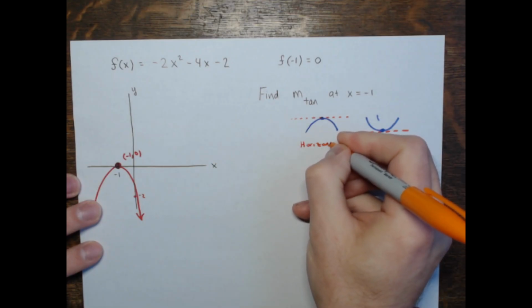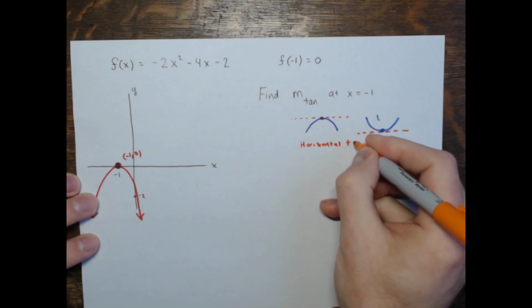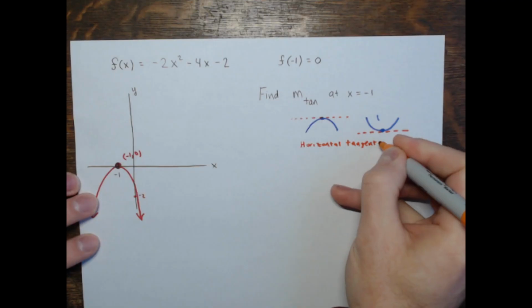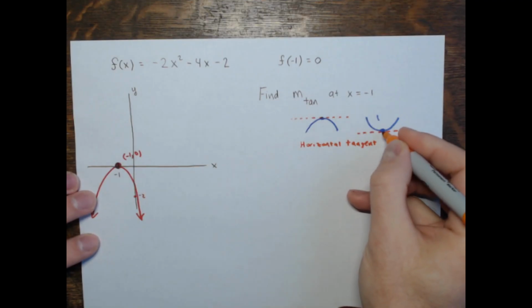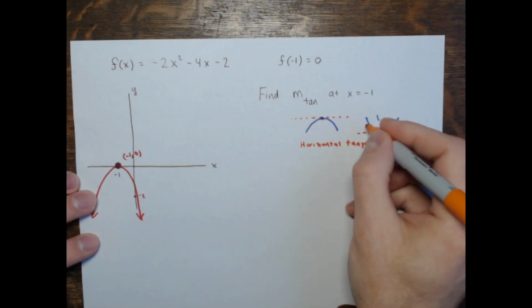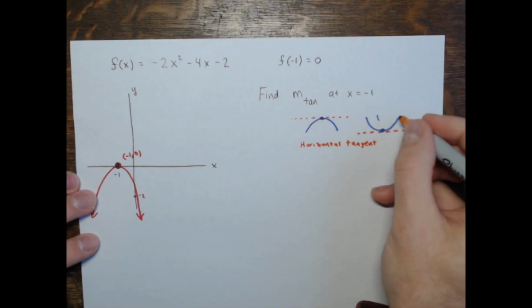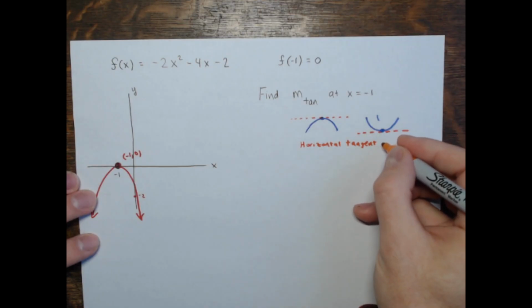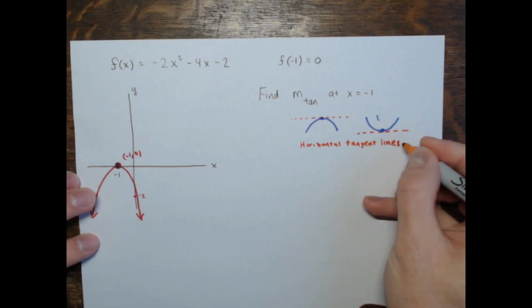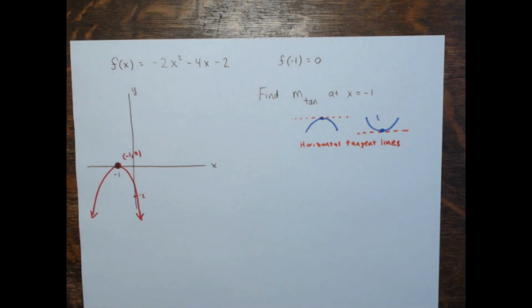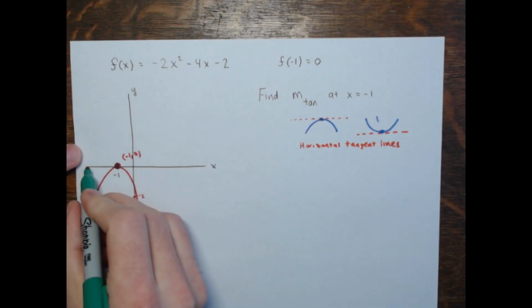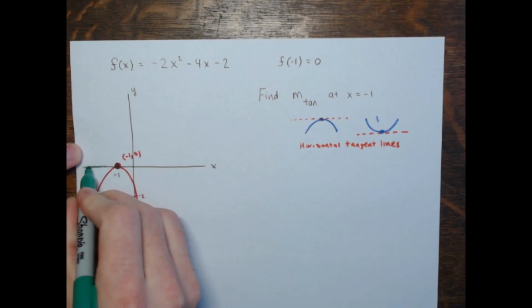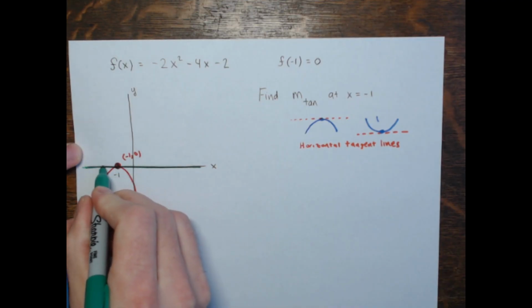So that actually happens here. So horizontal tangents at these tops of hills and bottoms of dips. These have to be curvy though, bumpy. Curvy hills and curvy dips, not pointy. So you get horizontal tangent lines at these kinds of points. So at this point here, the tangent line would just be the x-axis.